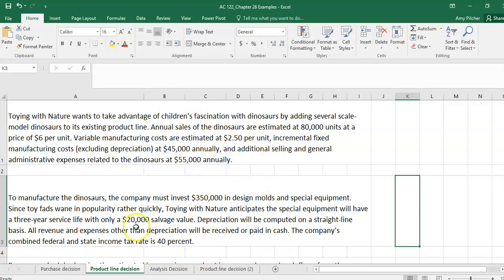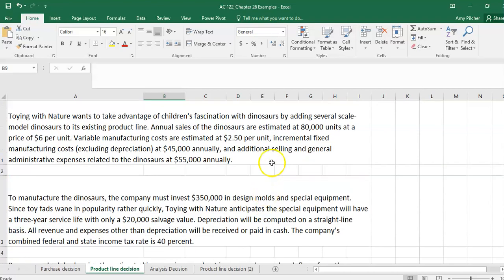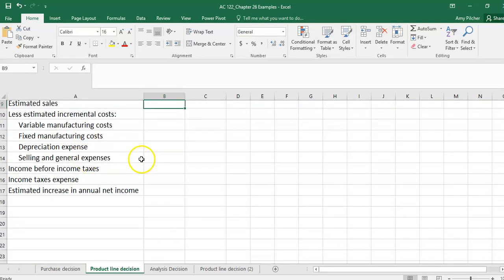So what we want to do is set up an incremental income statement for this information. We've done that down here. Remember from a couple of chapters ago that incremental analysis is the difference between two options. So what happens only if they take on this investment? Well, we have estimated sales, 80,000 units at $6 per unit.